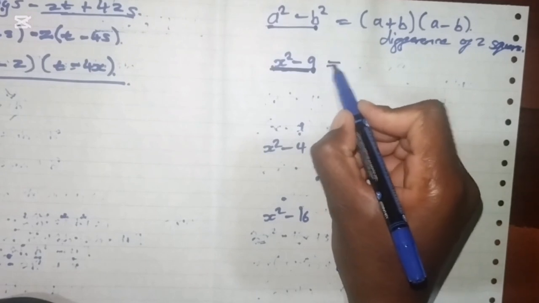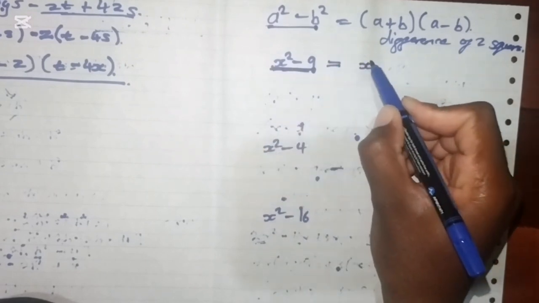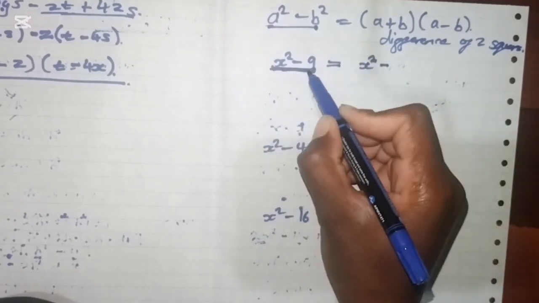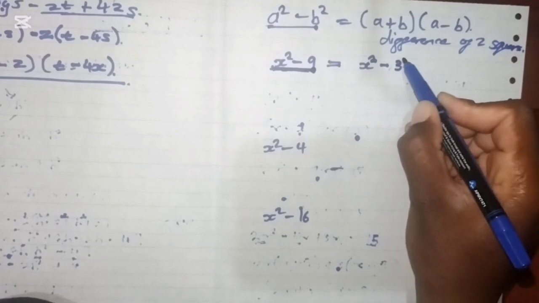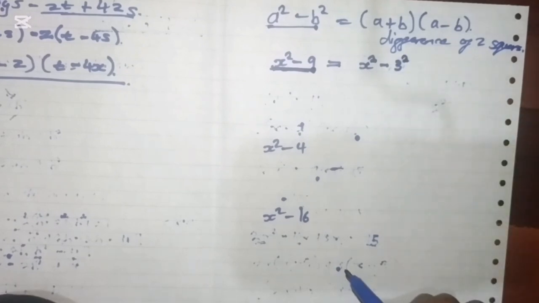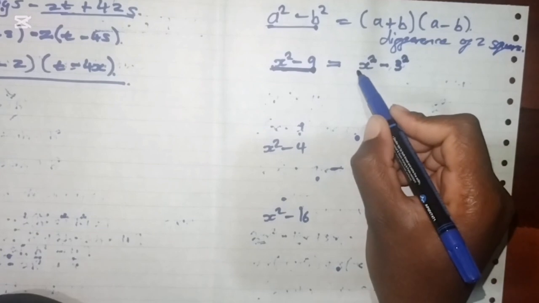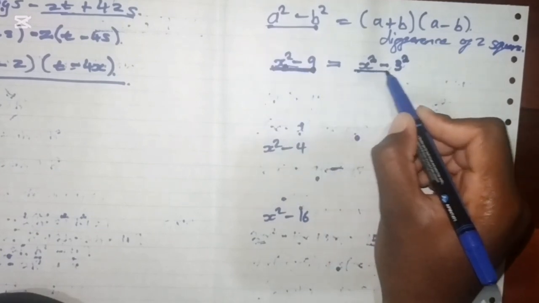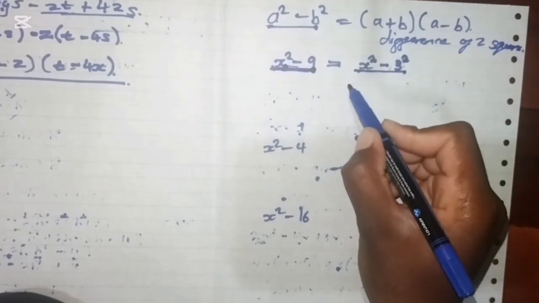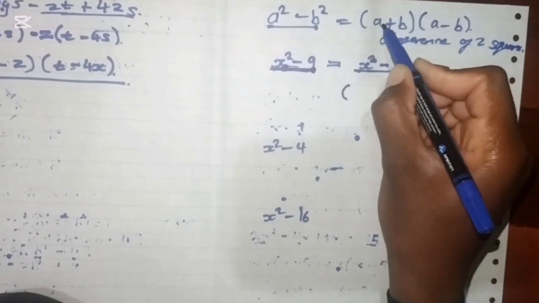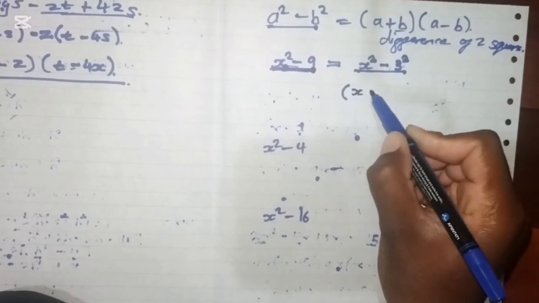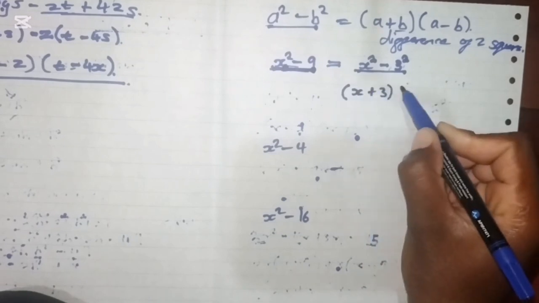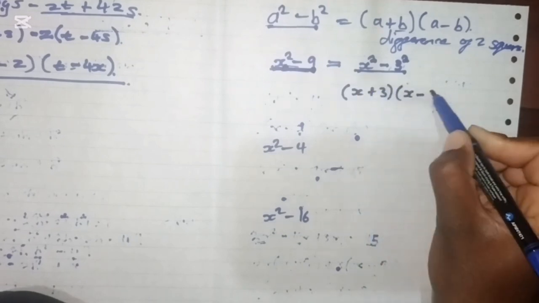So we get x squared minus, our 9 can be written as 3 squared. So this expression is a difference of two squares. When factorizing it, you simply write it like that. So it will be (x plus 3)(x minus 3).